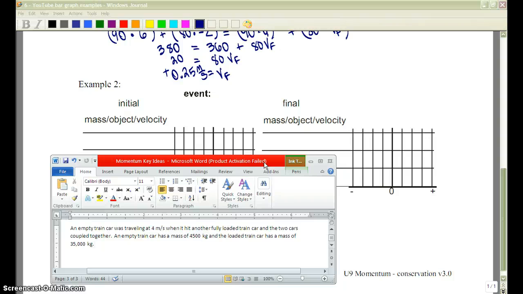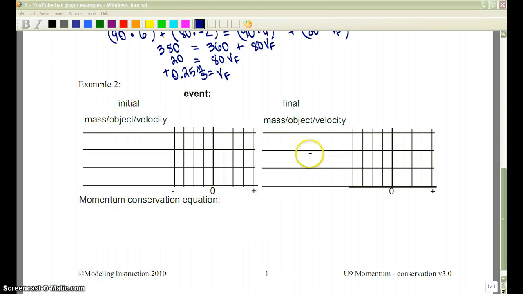So our last one was a bounce because the two players hit and bounce apart. This one, the train cars are actually going to stick together. So it tells us that an empty train car is 4,500. So I have a 4,500 kilogram car. And it was initially traveling at 4 meters per second.